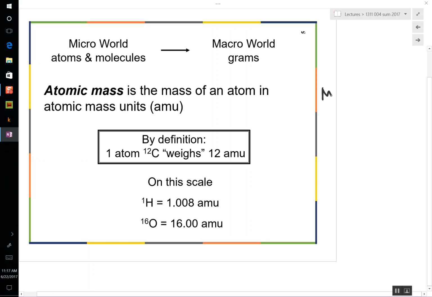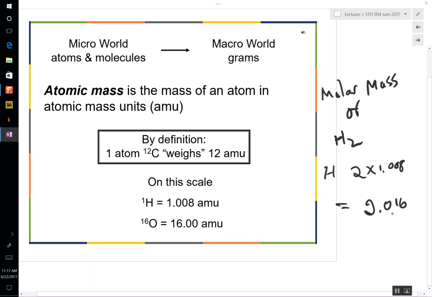But the molar mass of elemental hydrogen, there's 2 hydrogens, 2.016 or 2.02 grams equals 1 mole of elemental hydrogen.